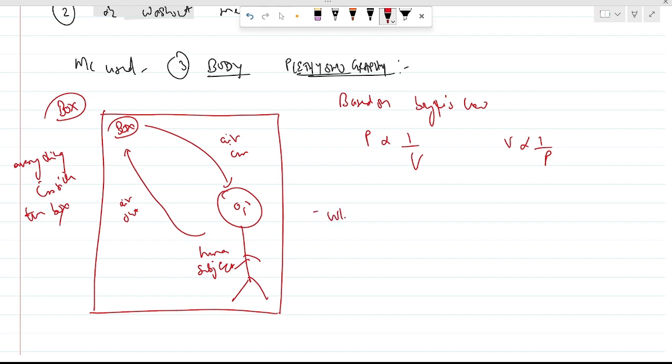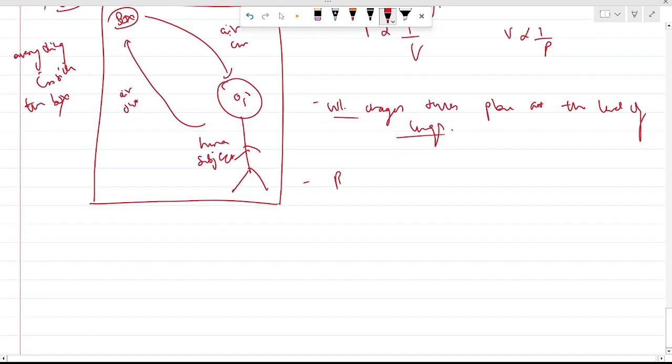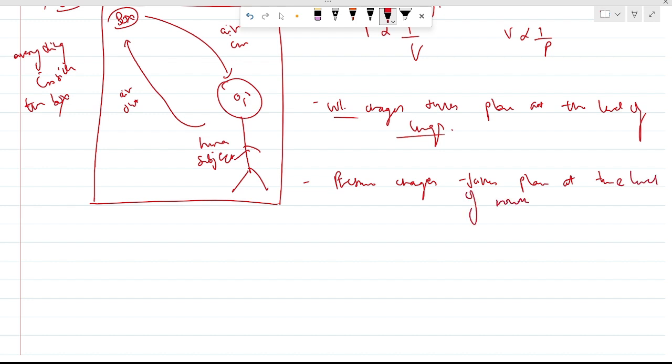The volume changes take place at the level of the lungs of the human, and the pressure changes take place at the level of the mouth region.